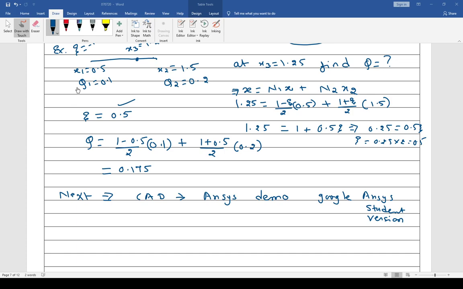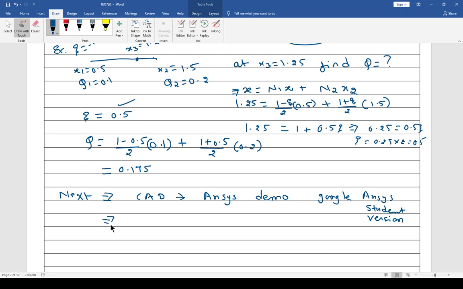Then free student software, you can go here and click on this ANSYS student. Here the download option is available, so you can download this 2020 R1 full version. Once you download it, then we can go ahead with solving a problem.